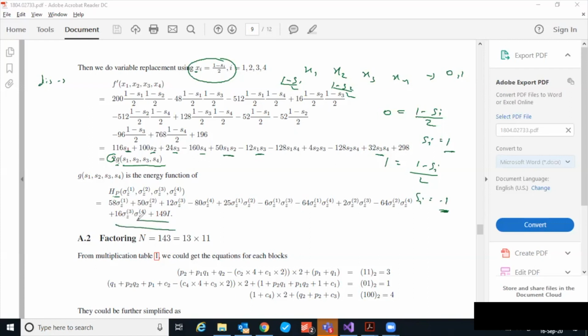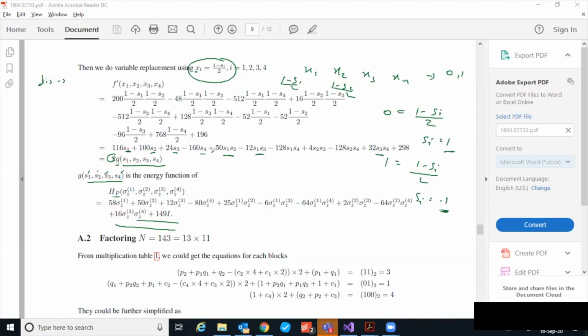Once you have this, you can feed it into the quantum annealer, and it will give you the correct combination of all of these sigmas, the lowest possible value. Because we want to minimize, it will give you the lowest possible combination of s1, s2, s3, and s4, which will minimize this function. So that is the gist of how you convert your prime factorization problem into an optimization problem.